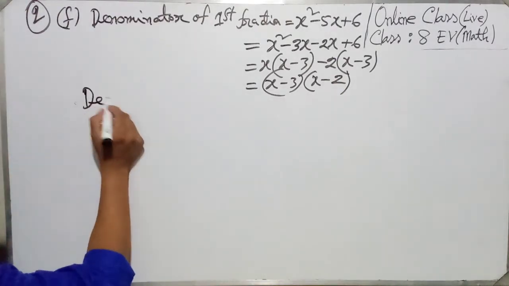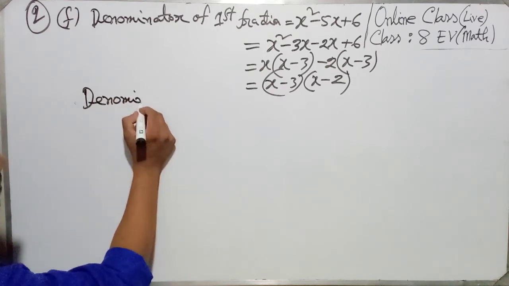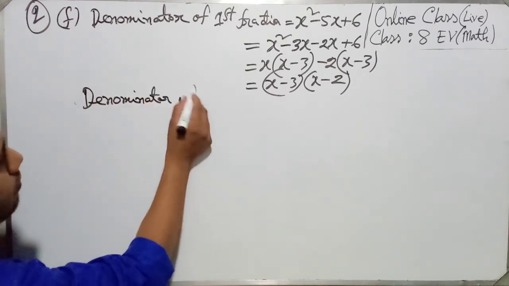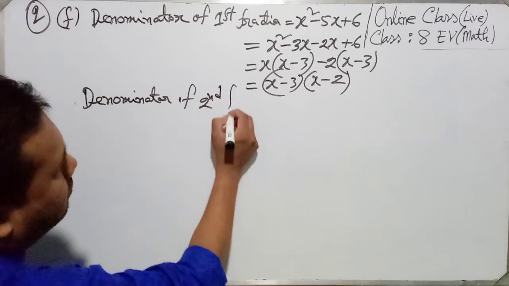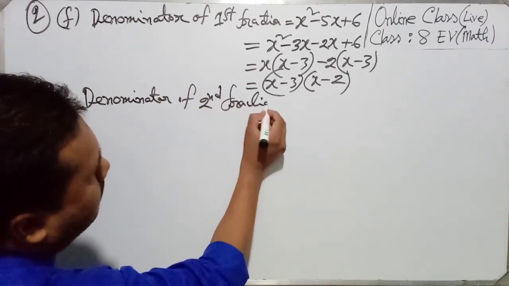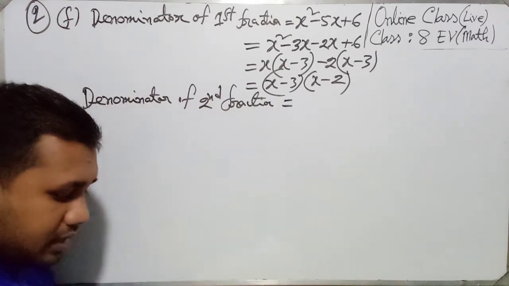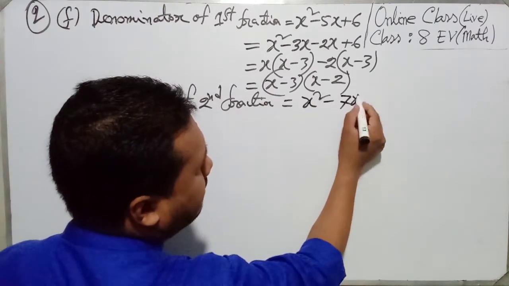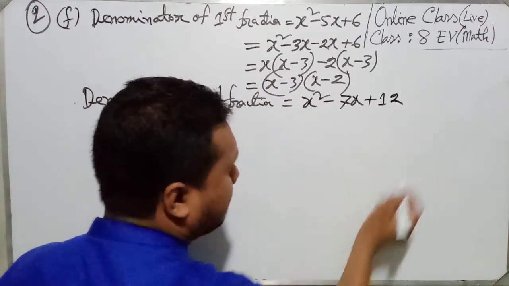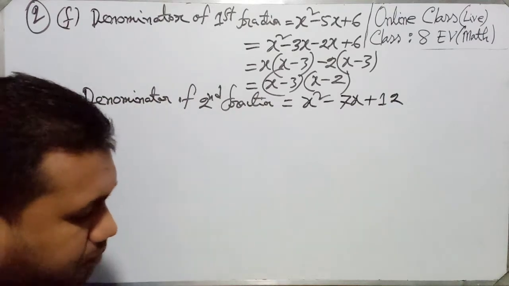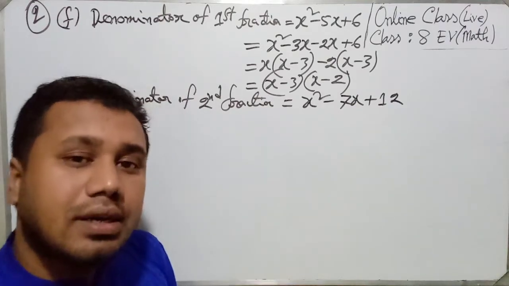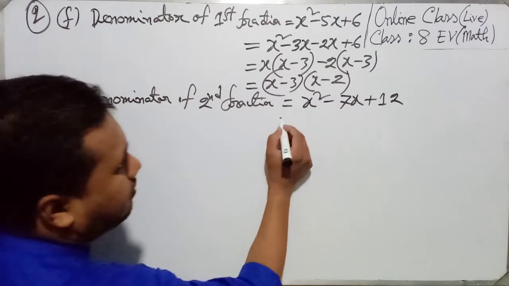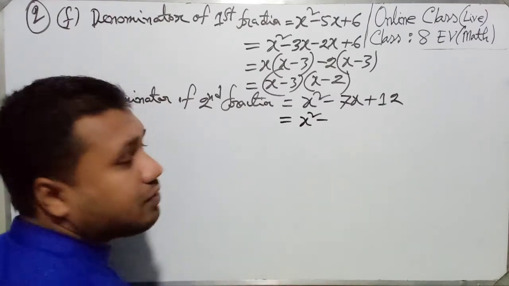Now the denominator of the second fraction. What is the second fraction's denominator? This is x square minus 7x plus 12. This is the denominator of the second fraction. So at first, similarly, we have to factorize it.